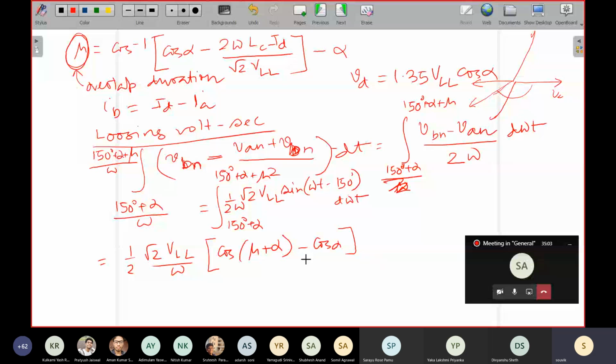This is the amount of loss in volt second, the volt second we have lost due to the commutation of the thyristor. The expression is half into root 2 into VLL by omega into cos mu plus alpha minus cos alpha, right?